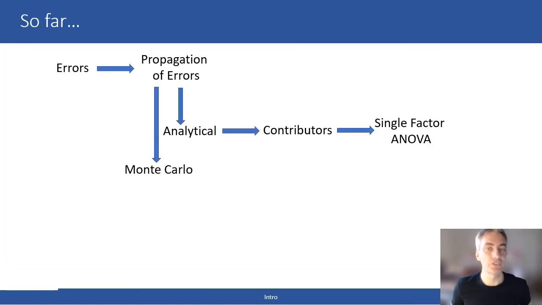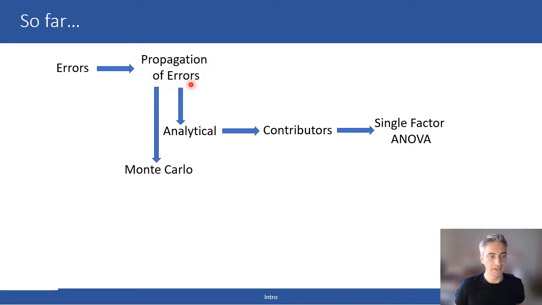So this map shows us what we've done so far. In week 1, we started looking at errors and the different types of errors. And then we looked at how errors build up. So if you have a system of many components that have to work together, those components also have an error or a performance distribution, and that will affect the overall performance of the system.